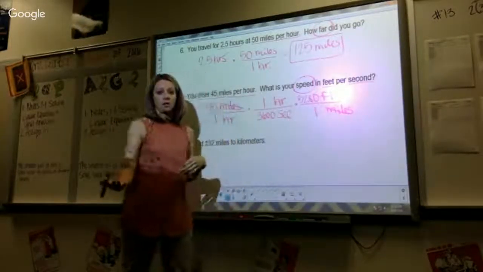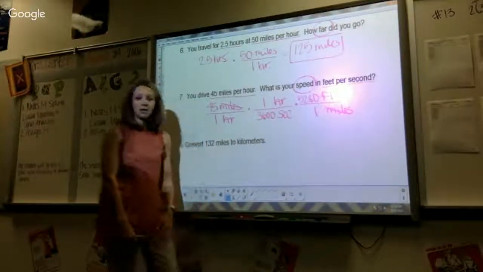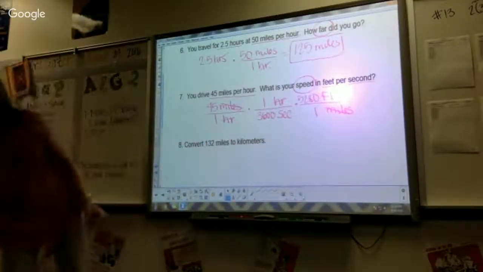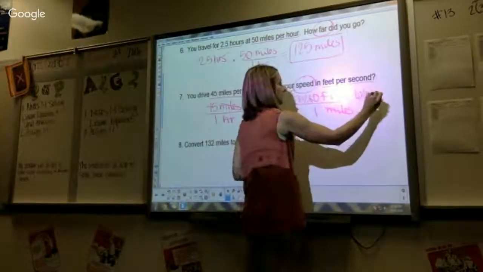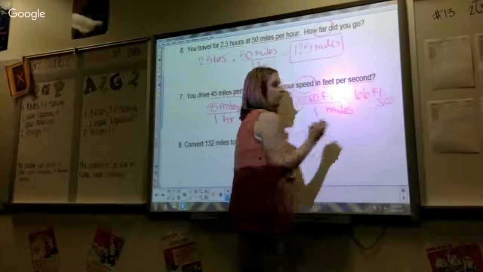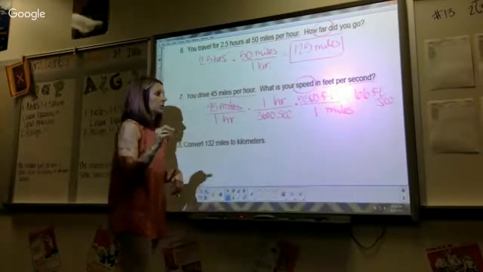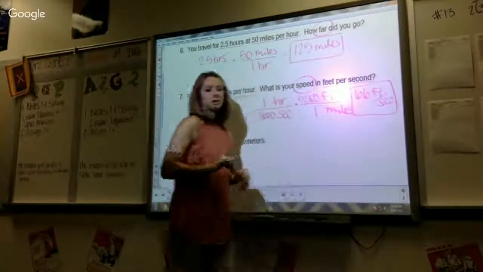So 45 times 5,280, divided by 3,600, and you should get 66. And you're labeling it, so feet per second. Again, you can write that out or write your ratio here. So 66 feet per second.